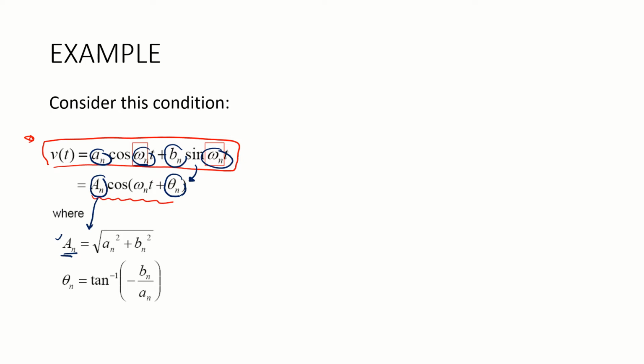And then how to decide the value of theta. The value of theta can be decided by tangent inverse of minus bn, which is the amplitude of sine, divided by an. Actually, bn and an are known as the Fourier coefficients. bn is the coefficient for sine, and an is the coefficient for cosine.